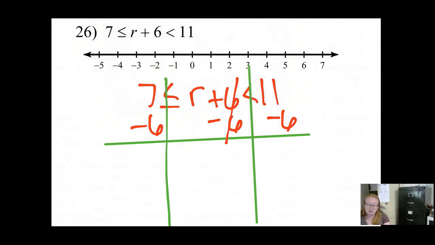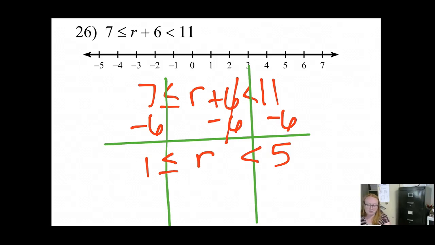So here it cancels, and I'm left with just r. My signs stay exactly the same because I haven't done anything with like a negative number dividing or multiplying. So I'm left with 5. I'm left with 1. I'm done because my r is all by itself.